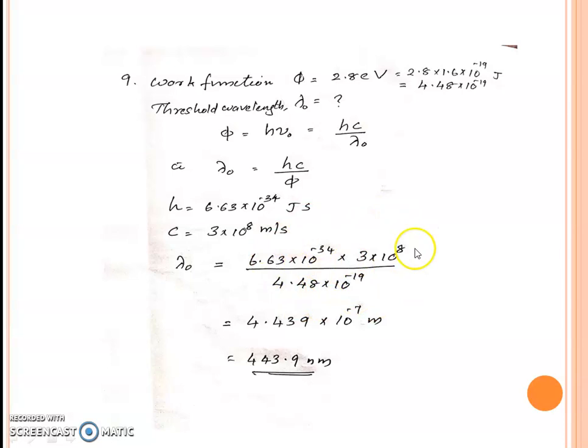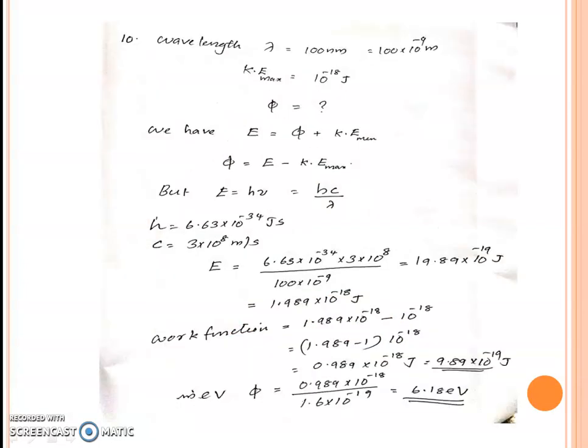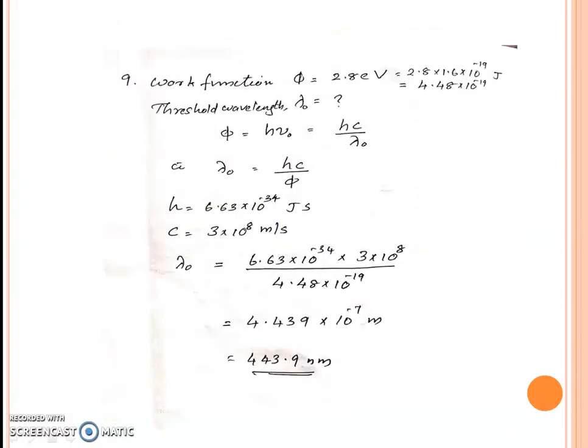By solving these values, we will get lambda 0 as 4.439 into 10 raised to minus 7 meter. And in nanometer, it is 443.9 nanometer. This question is also very simple. Let us go to the next problem.